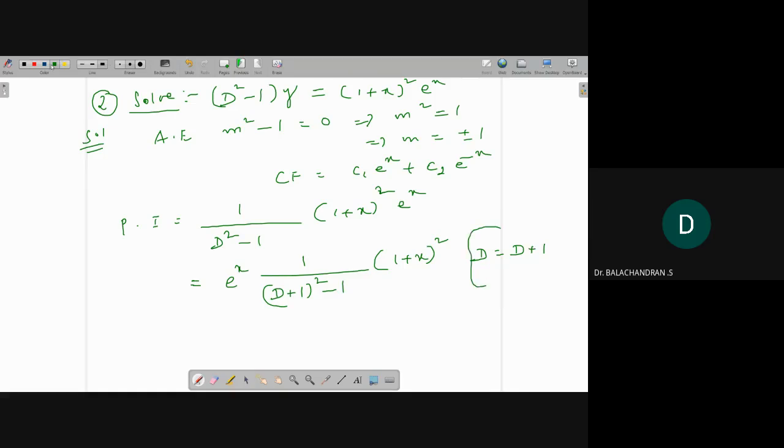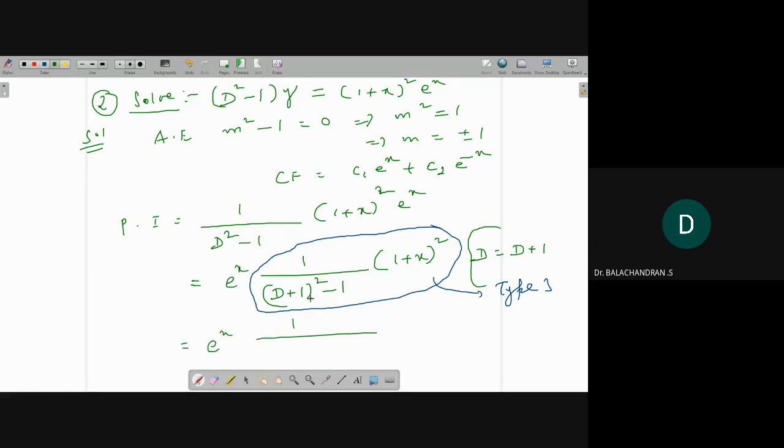Now this is type number 3, algebraic or polynomial. So now e power x, 1 by expand the denominator: D square plus 2D plus 1 minus 1, into (a plus b) whole square is a square plus b square plus 2ab. Plus 1 minus 1 gets cancelled.